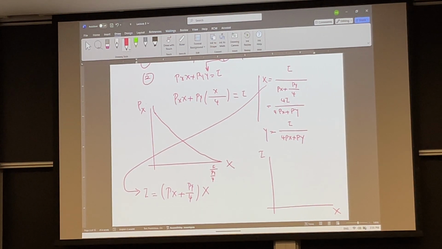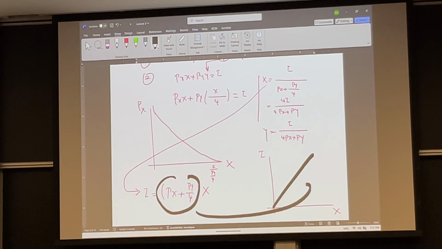Is it a curve? Straight line? A straight line. It's basically what we had earlier, straight line. The slope is this one. Look, very much what we got for Cobb-Douglas. All of them give us straight line Engel curve, meaning you'll proportionally spend the same money on X and Y. Right? If your money doubles, you double consumption.